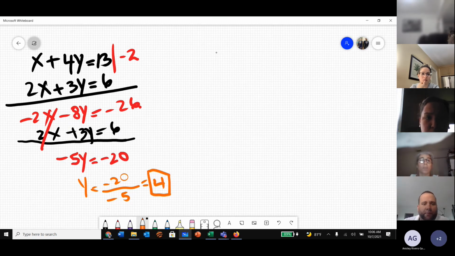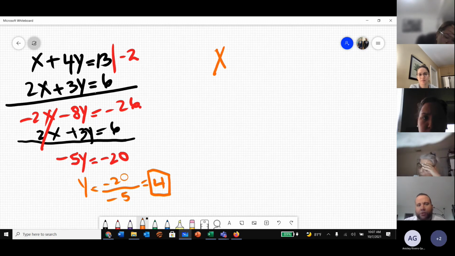And then let me take one of the original equations. Which one do you prefer to take? Whatever you want. The first one. I think the first one, because the x does not have a coefficient, is better.